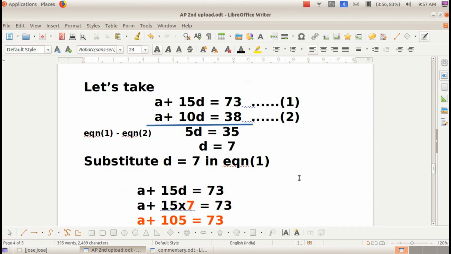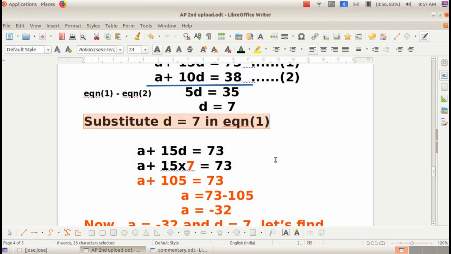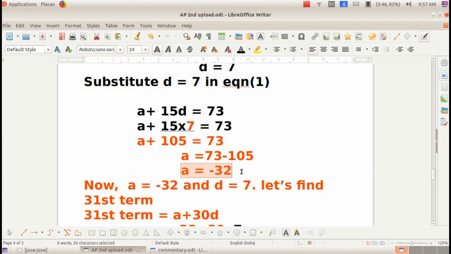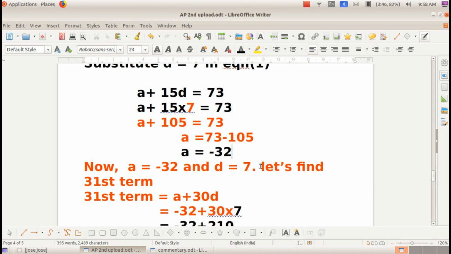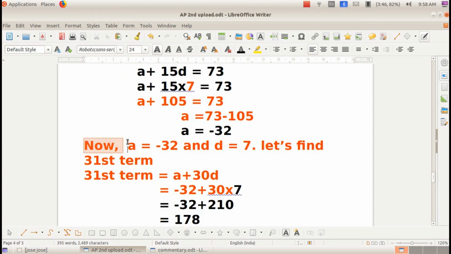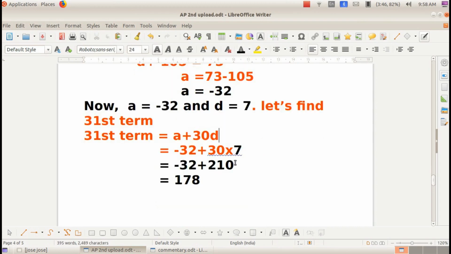Using 1 and 2, first we can eliminate the variable a, and we can find the value of d. Substitute the value of d in either equation number 1 or equation number 2, we will get the value of a, that is minus 32. Now, by using the values of a and d, we can find the 31st term, that is a plus 30d equal to 178.